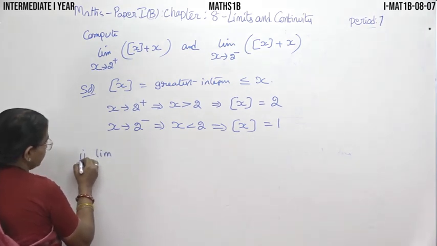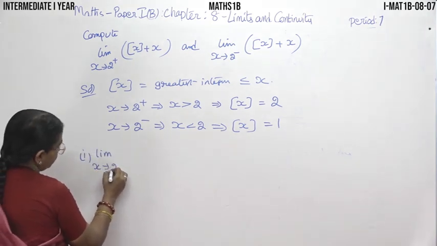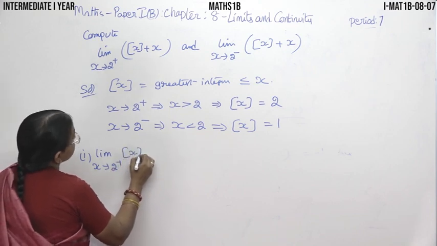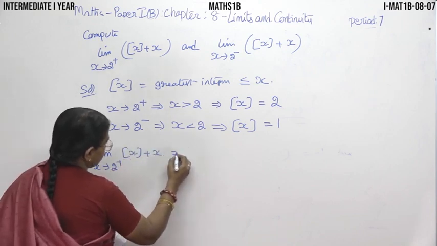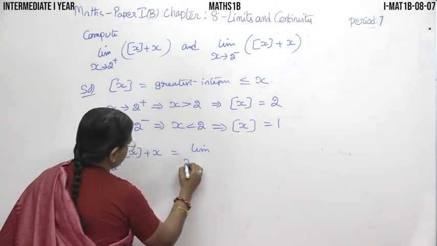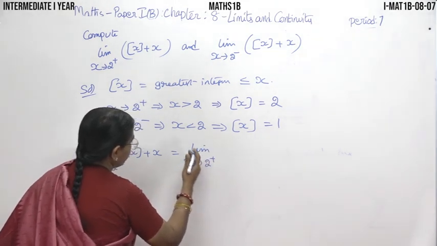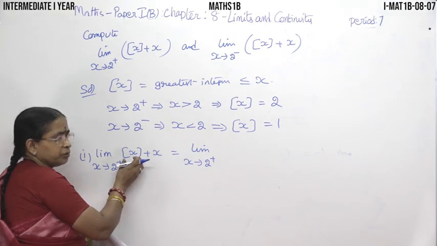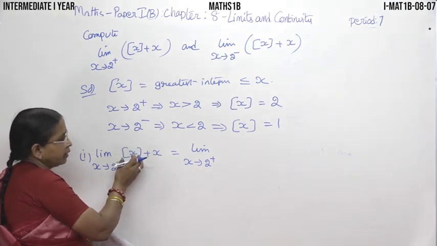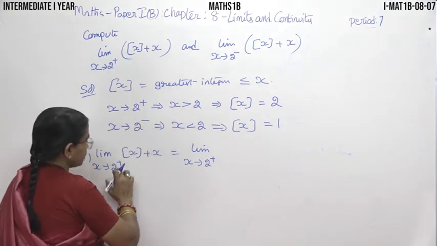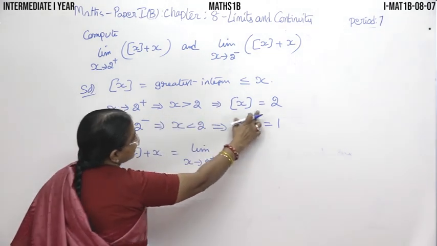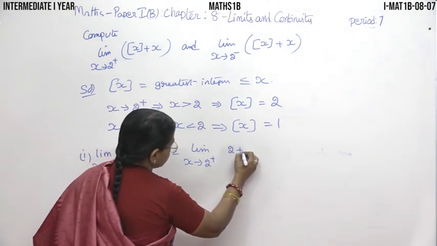So first, limit x tending to 2 plus of step x plus x. Like how we remove the modulus, here also we should remove the step function bracket and write its value. X tends to 2 plus, so it is 2. So 2 plus x.